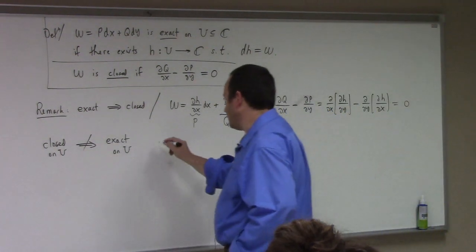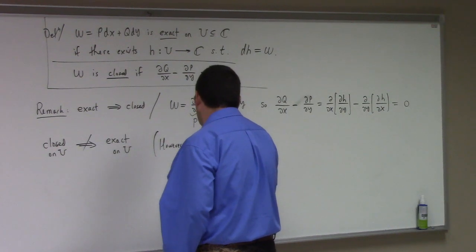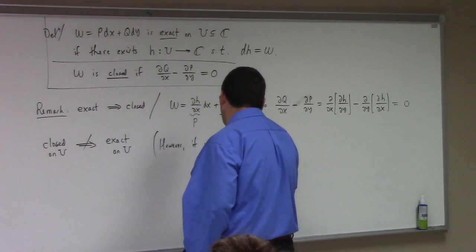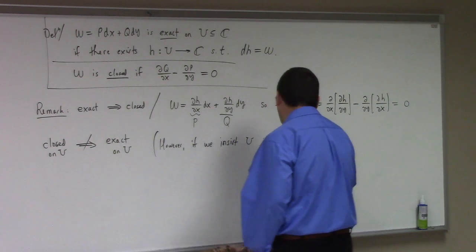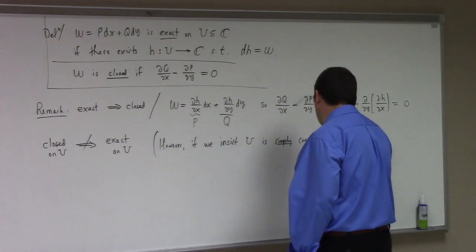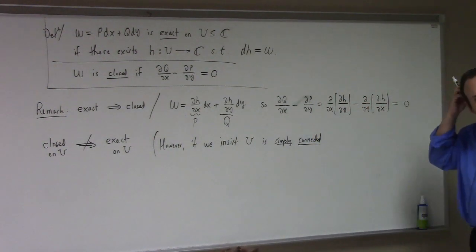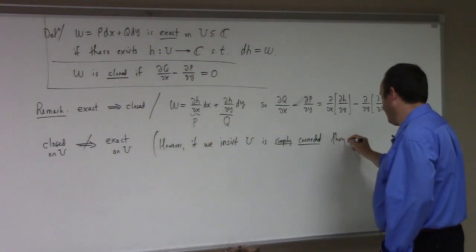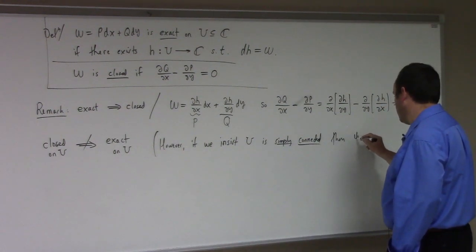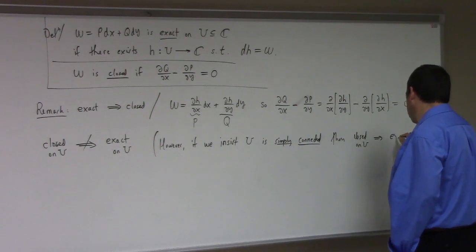However, if we insist U is simply connected, all right, then closed on U implies exact on U.